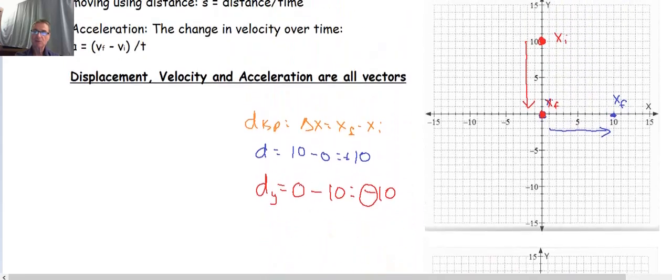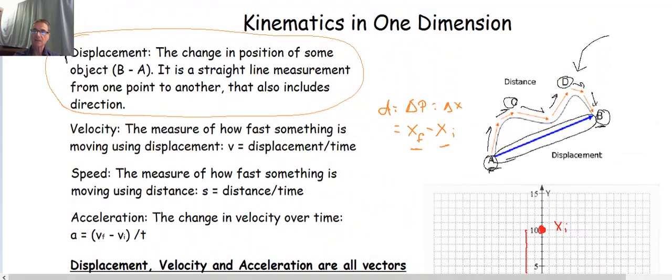Displacement is okay, but it's not everything when we talk about kinematics, but it is very important. The next thing we want to look at is velocity. What is velocity? When we think about velocity or speed, we think of how far we went in a matter of time.